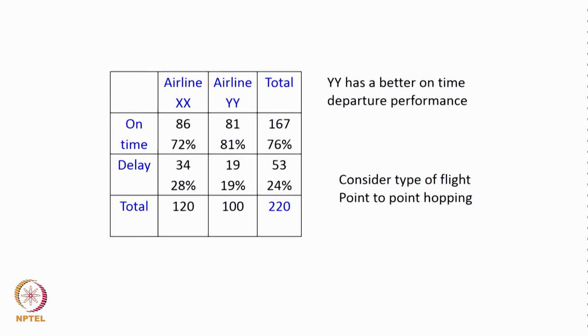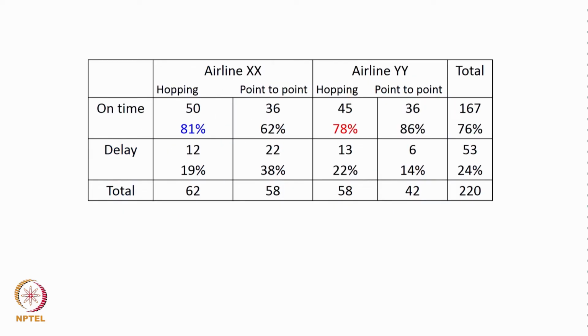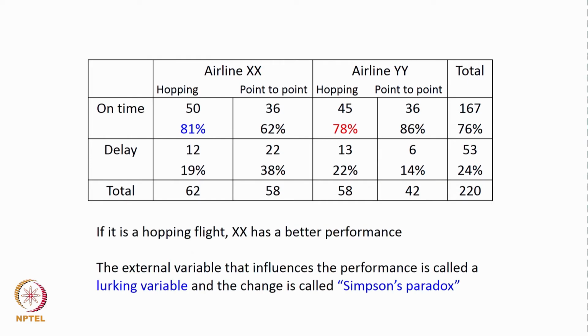What we understand through this example is, when we considered these two categorical variables, we concluded that airline YY seems to have a better performance. But when we brought one more variable, which is the nature or type of flight, we now realize that for one type of flight XX seems to be better, and for the other YY seems to be better.